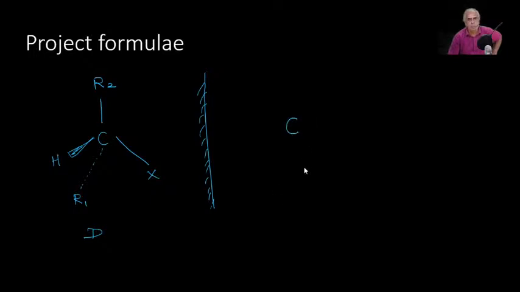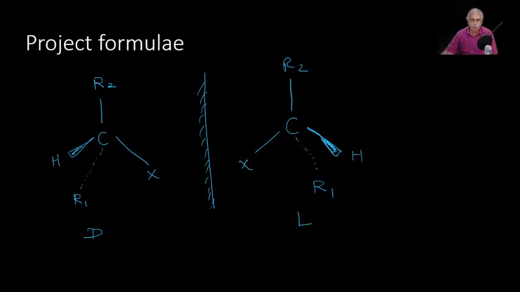Put C. Now the wedge-shaped hydrogen bond is on the right side, and below the plane, at the top R2, and X will be here. Okay, so this is the L form. Finished?